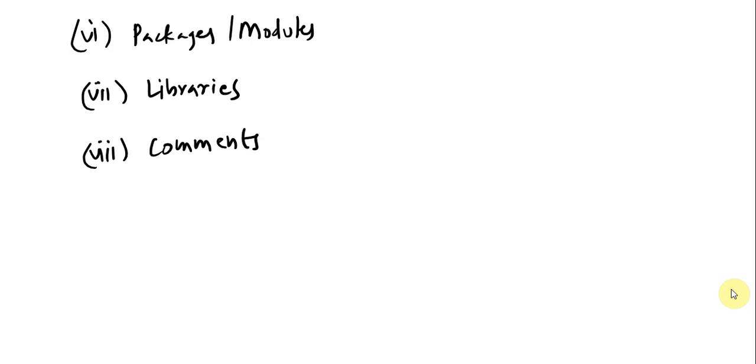For example, in C++ or Java or C Sharp, you will find the two forward slashes to comment the statement or the expression. This is referred to as a single line comment, and different programming languages have their own style of commenting things.